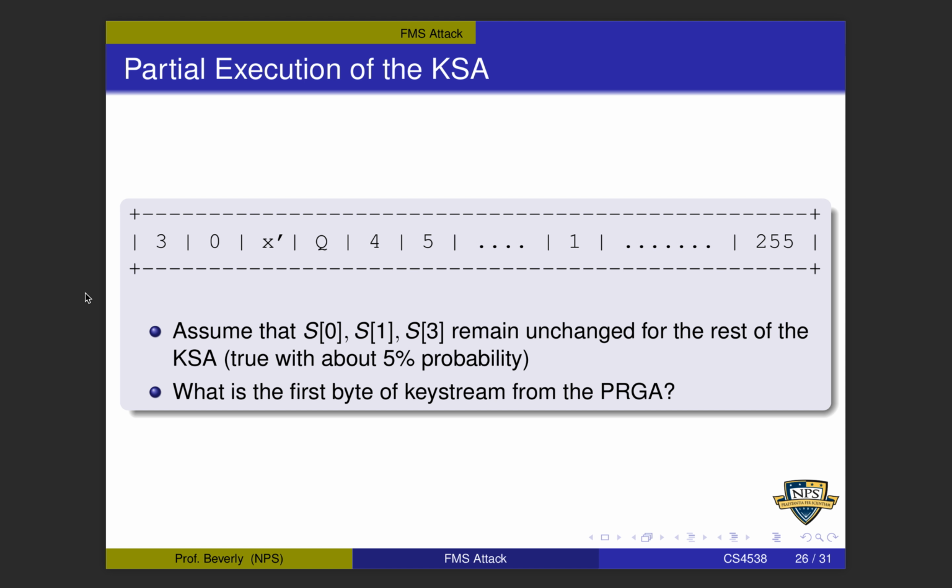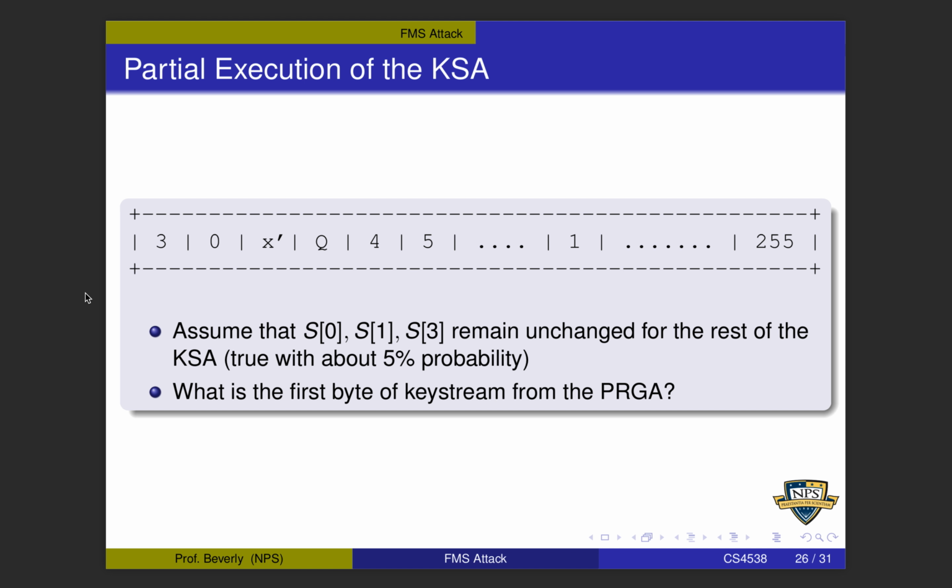Now what? Now let's take a leap of faith and let's assume that the values in the 0, 1, and 3 position of the S box remain unchanged for the rest of the KSA. This is going to be true with about a 5% probability. So this isn't always going to be true. As we move along, doing our swaps and updating our pointers, we might swap something again, right?